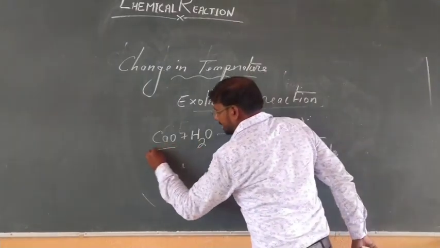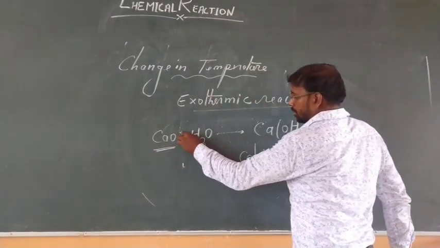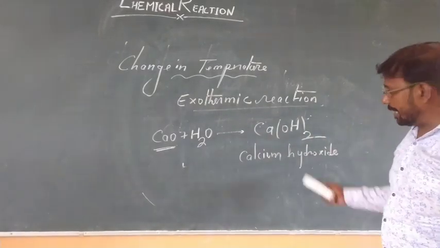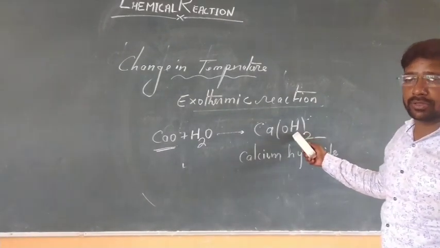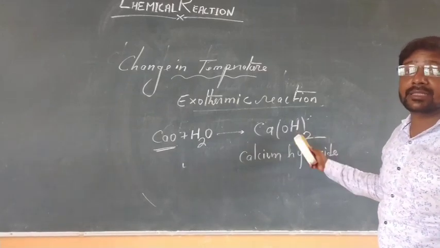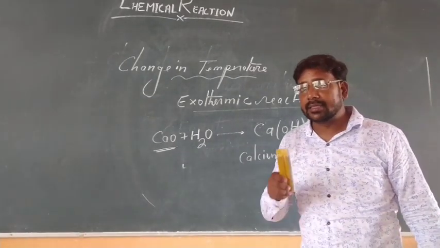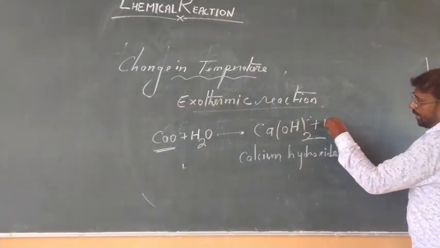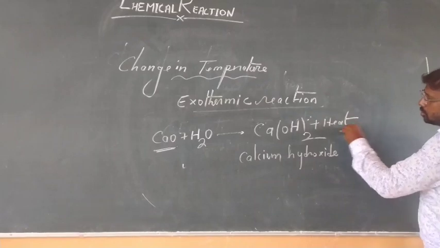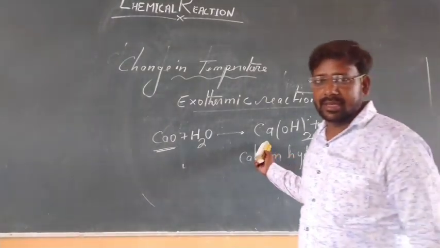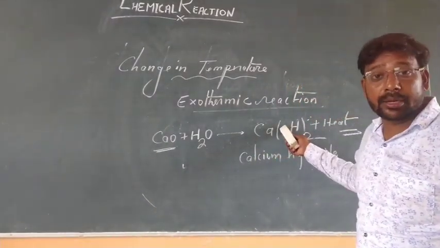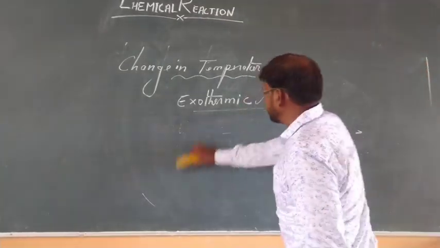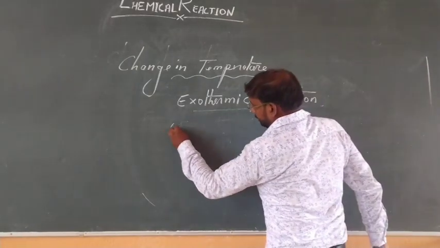So calcium oxide reacts with water. What is formed? Calcium hydroxide. Its common name is slaked lime. And during this reaction, a huge amount of heat is released, and this is the example of exothermic reactions.